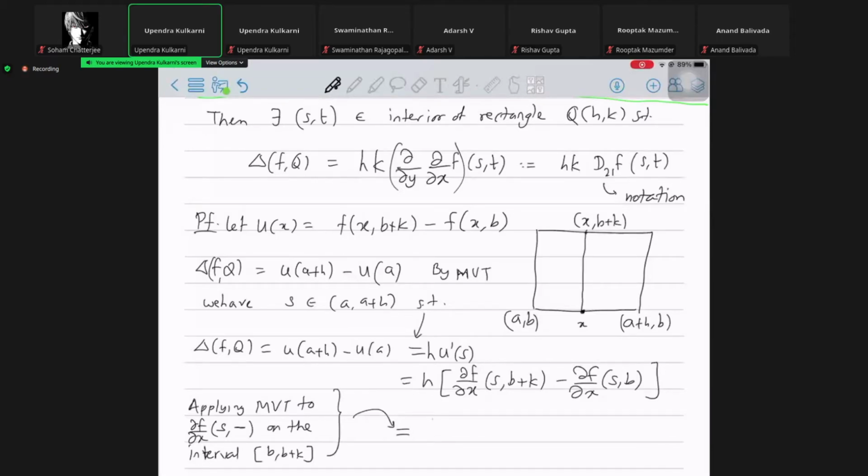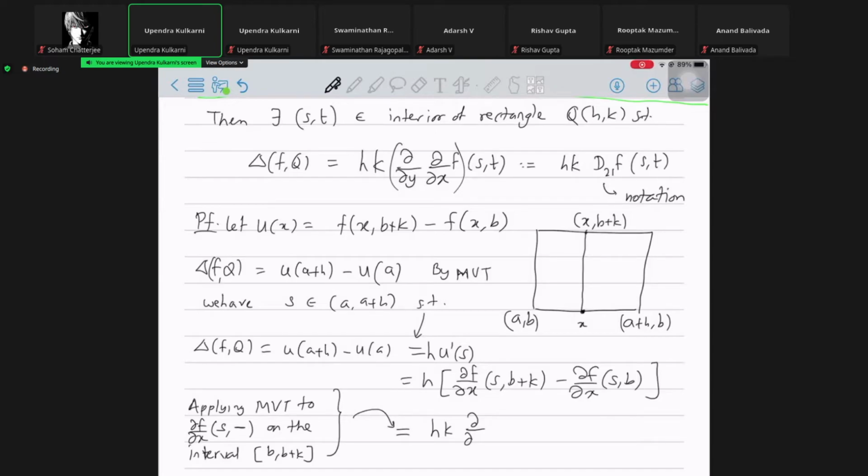So what do I get? H times k times del by del y. I'm taking the derivative of this function with respect to the variable which is in the second slot.